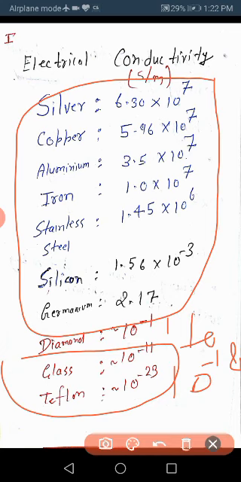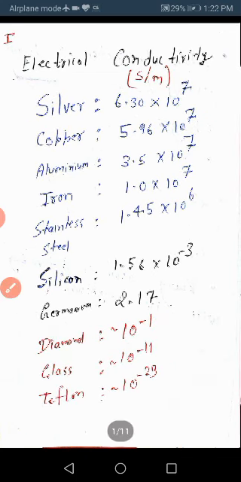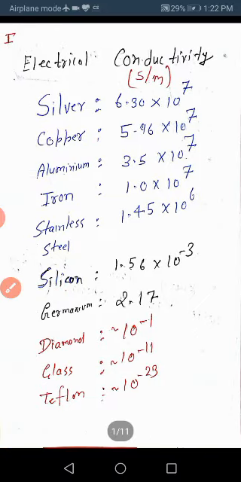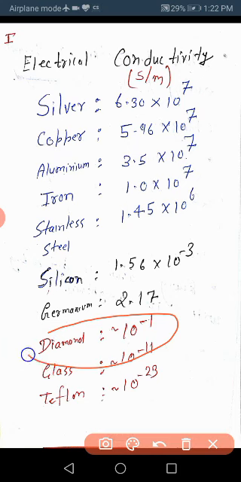Now one question arises: diamond is a solid form of carbon, an allotrope of carbon.